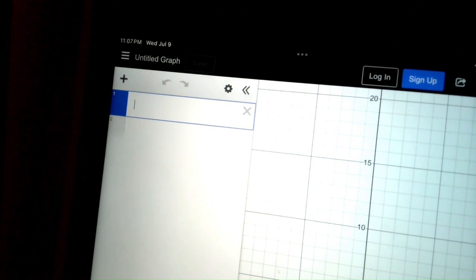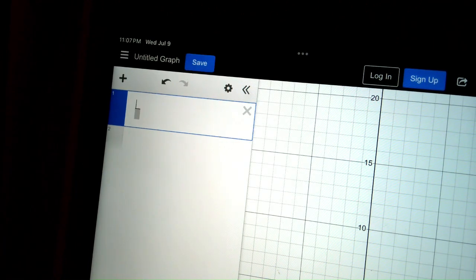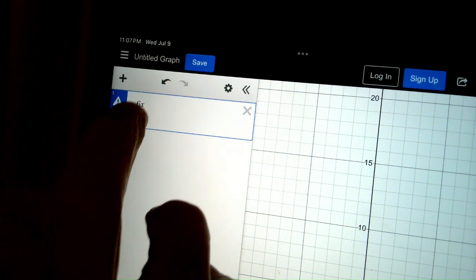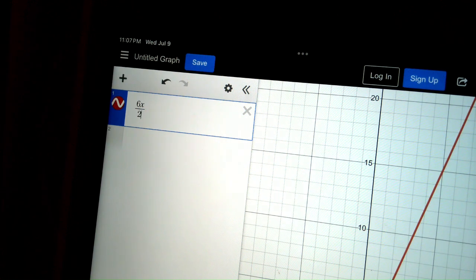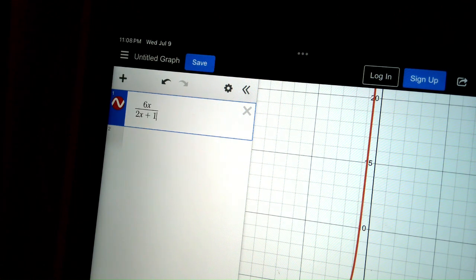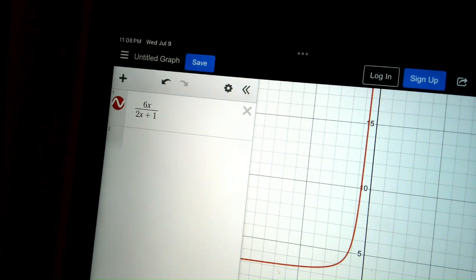Let's get that bright light off there. Okay, so I like to do the division sign first. We had 6x in the numerator, and in the denominator, we had 2x plus 1. And here we go.